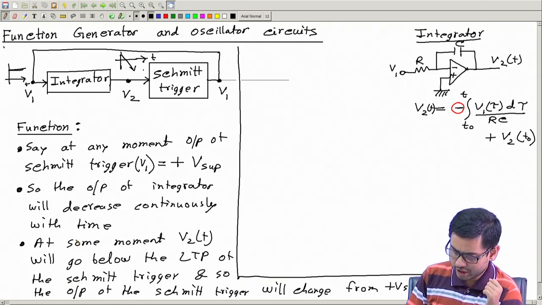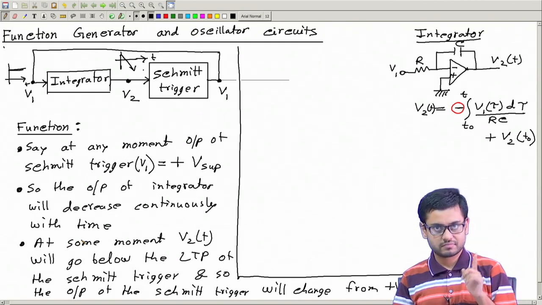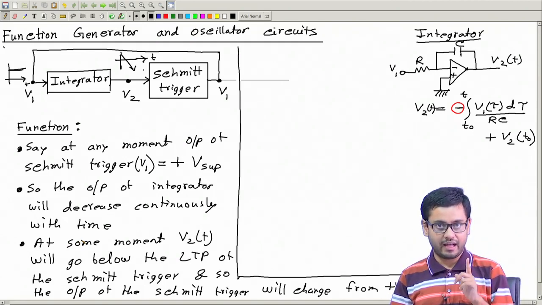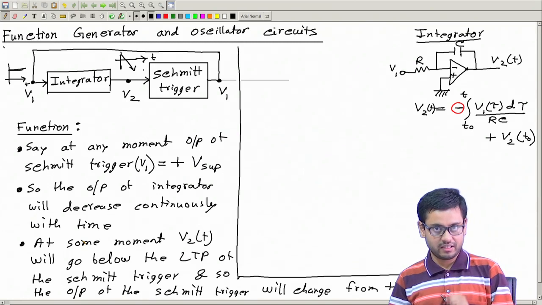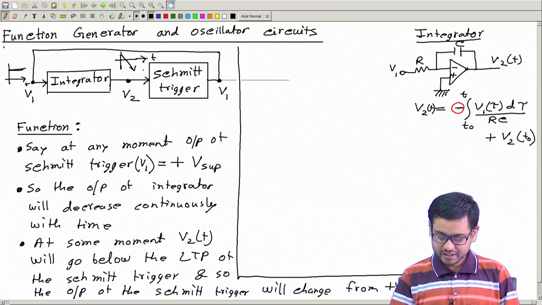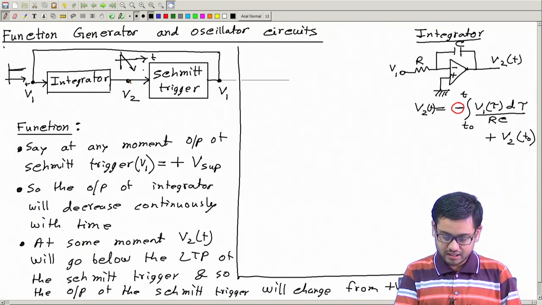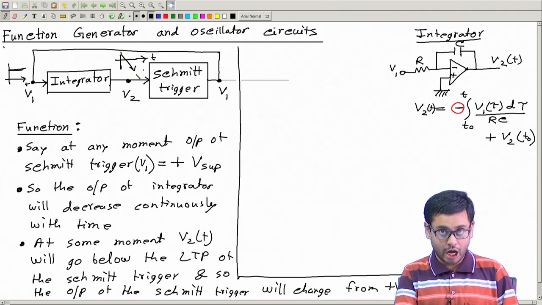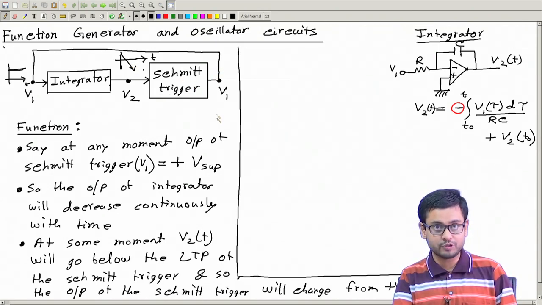Okay. Now I have made an assumption implicitly that when this voltage goes down and crosses the lower trigger point, the output of the Smith trigger also changes from positive to negative. So it also goes down.